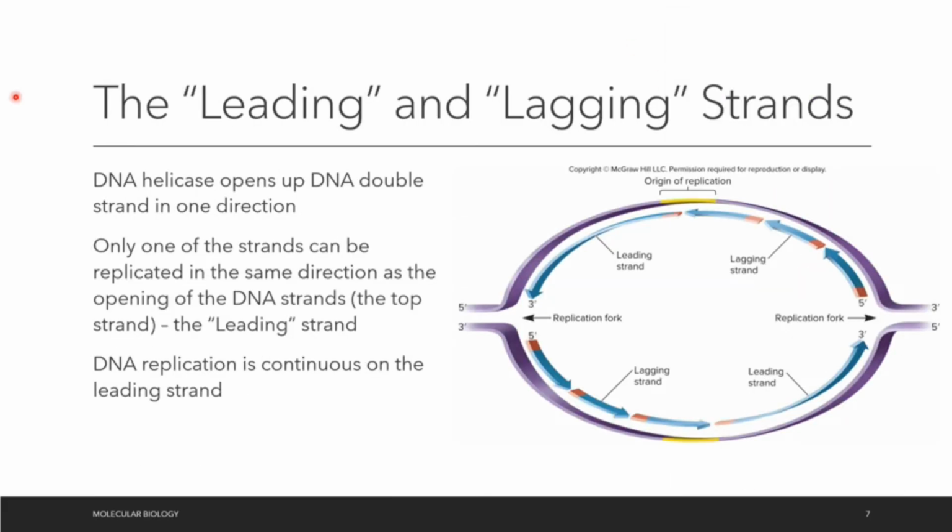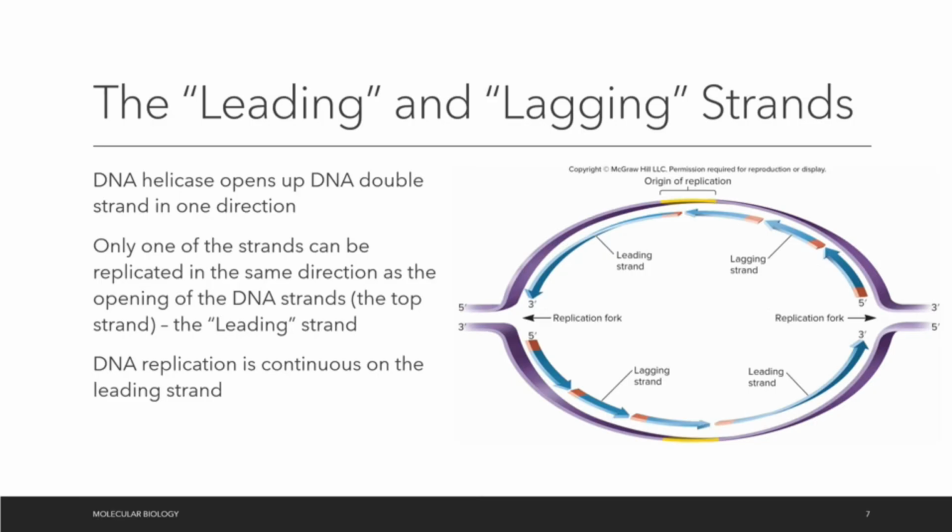So in this slide, I'm reinforcing the idea of leading and lagging strand. The leading strand is the newly synthesized strand that is synthesized in the same direction as the opening up of the replication fork, whereas the lagging strand goes in the opposite direction.